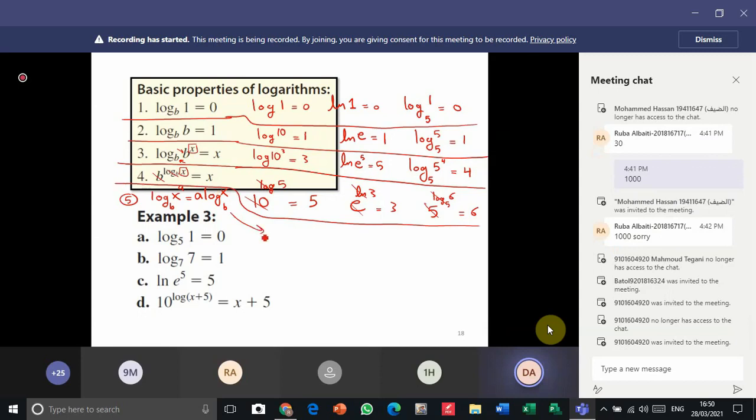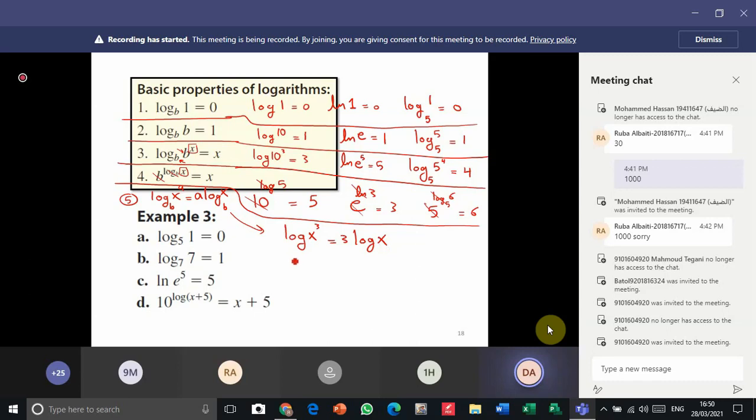For example, if we have logarithm x to the power 3 to base 10, so we have 3 log x, like this. We can put the 3 and convert it from exponent to multiply with the logarithm.